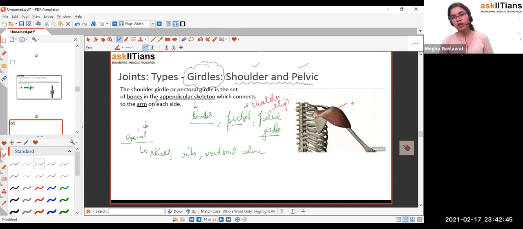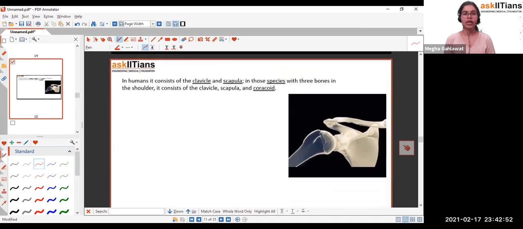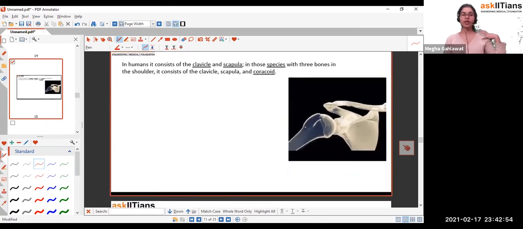So this is the pectoral girdle. Okay, girdle means a set of bones which is present. Okay, so in humans, if we talk about the pectoral girdle right here, it will have the clavicle and the scapula. Okay, in the shoulder, it will have the clavicle, scapula, and the coracoid. Okay, so I'm going to do one thing. I'm going to label these for you.